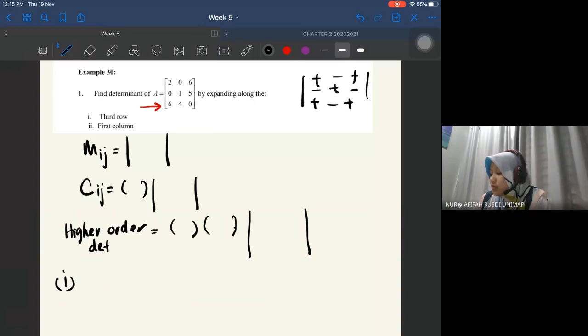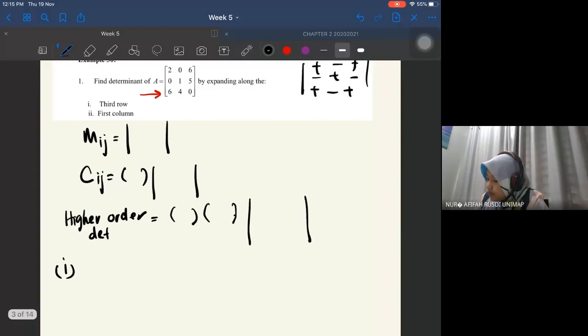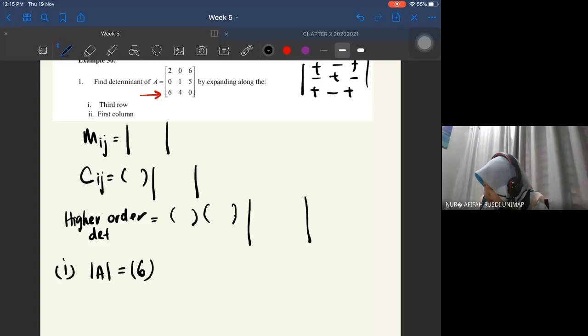Saya terus masukkan simple ni. If I'm using the third row, the first value dekat the third row is 6, and the symbol is plus. So the determinant of A is equals to 6, symbol is plus.